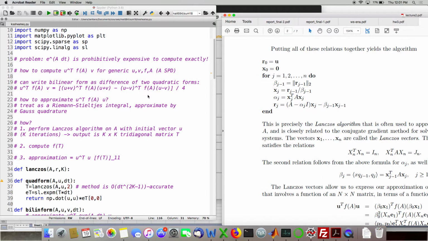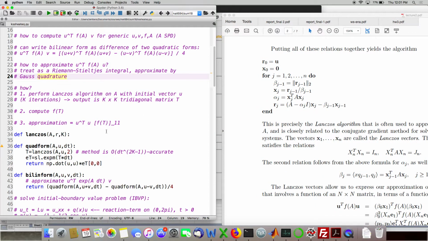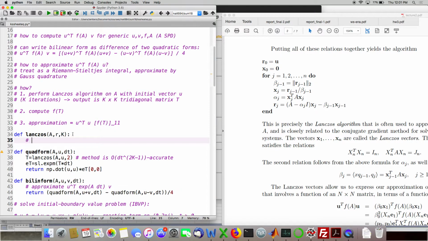Okay, good. All right, so this is what needs to be implemented. So R is the input parameter coming in. Capital K is the number of iterations, which corresponds to little n over here.